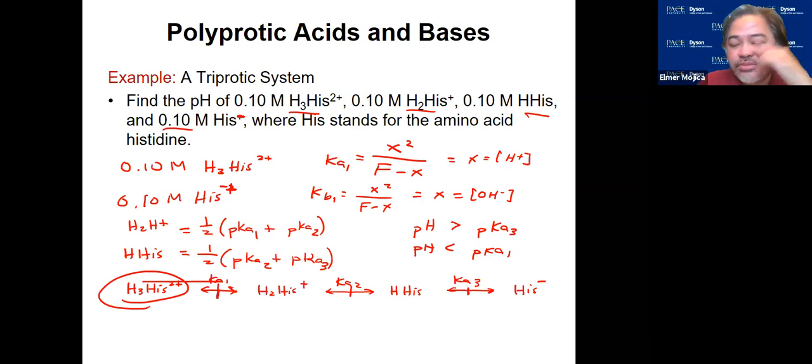Because the next thing that we're going to do is you should be able to determine what is the principal species in a given solution. So what does this mean? What is the form of the given diprotic acids and bases that exist in a given pH? And the only information that you have is the Ka value.